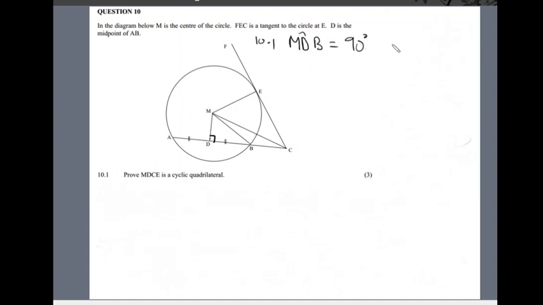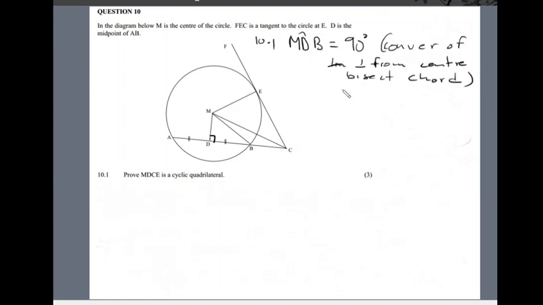Reason: it's the converse of the theorem. It says a perpendicular line from the center bisects a chord, right?